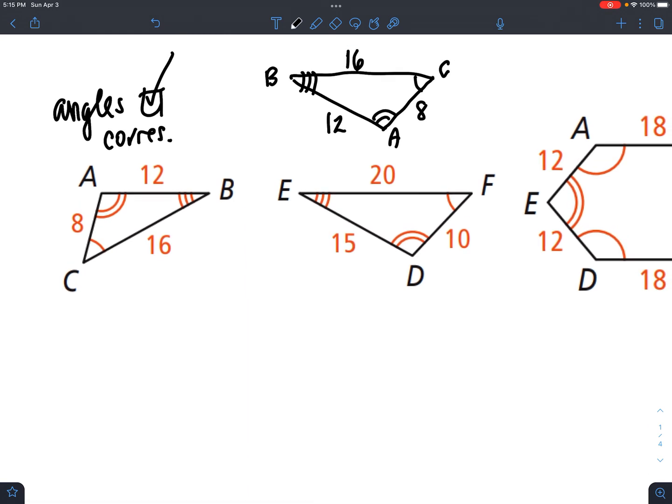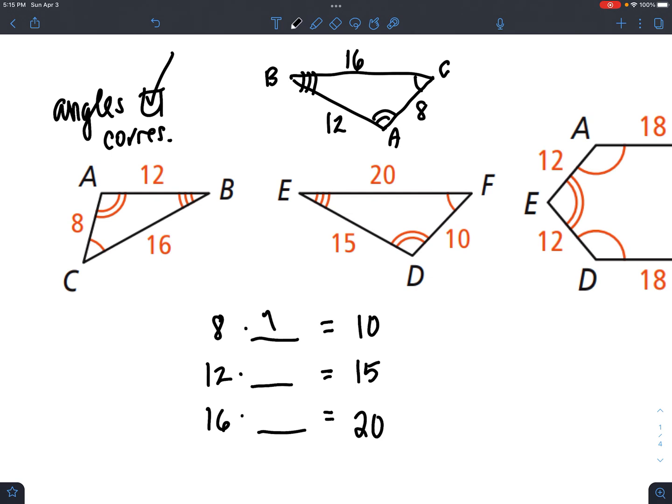Now let's take the little guy, the one that was on the left, and write down its side lengths. So 8, 12, 16. We're going to multiply that by something to get the other ones, 10, 15, and 20. Drawing the triangles so that they correspond like this and they're in the same orientation helps us write this in order, right?